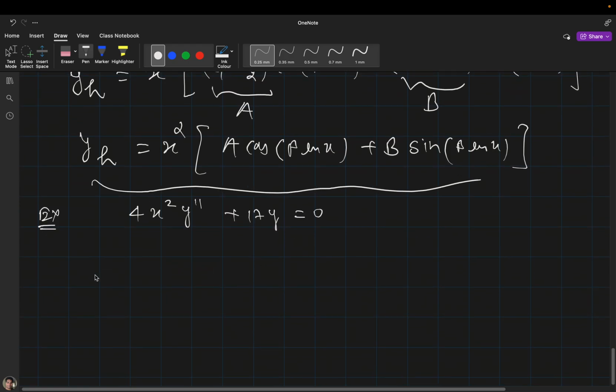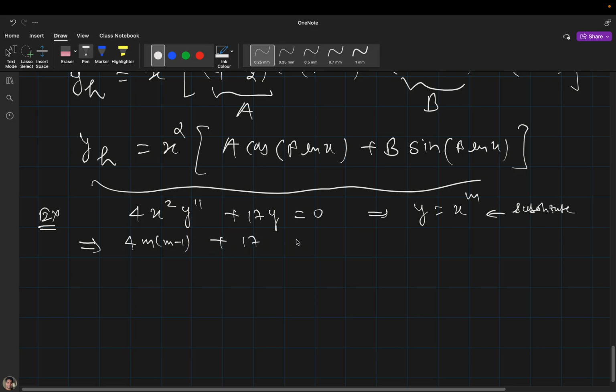In this case, what will be the characteristic equation if you substitute y equal to x raised to the power m? What will be the characteristic equation if you substitute this directly? 4 times m(m minus 1) plus m minus 1 plus 17 equal to 0.